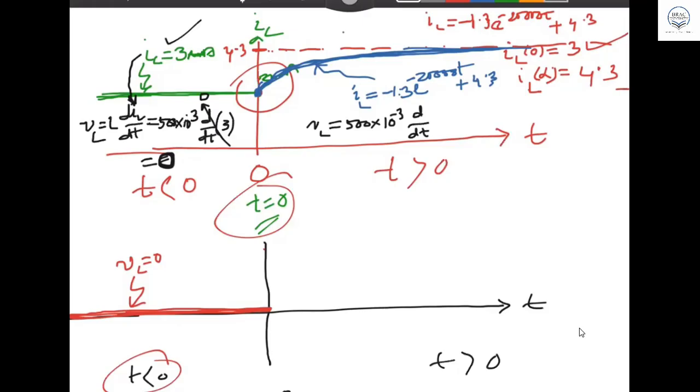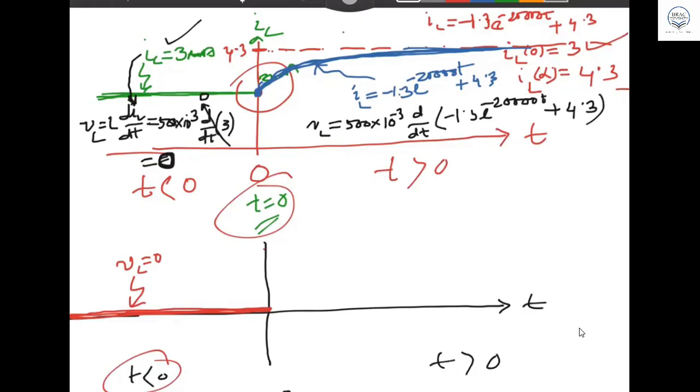What is IL here? Minus 1.3 e to the power minus 20,000 t, plus 4.3. You can show it this way and you get full marks, because it shows the concept. So this is how you find VL from here.